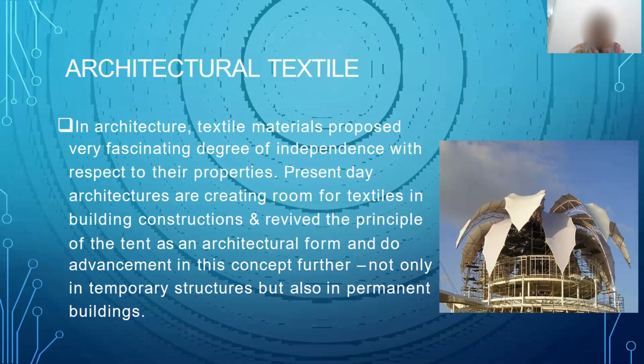Nowadays, horticulture is creating room for textile in building constructions and reviving the principle of the tent as an architectural form and advancing the concept further, not only in temporary structures but also in permanent buildings, as you can see in the picture. Horticulture fabrics are generally very thin, approximately 1 millimeter thick, and have very little compressive strength, but very high tensile strength.